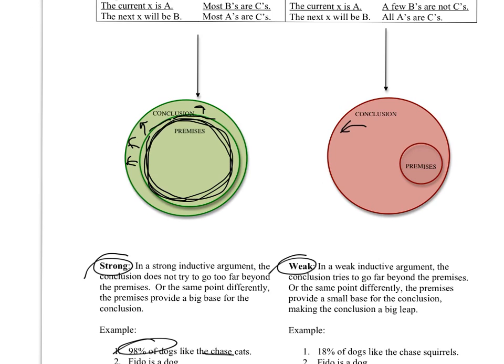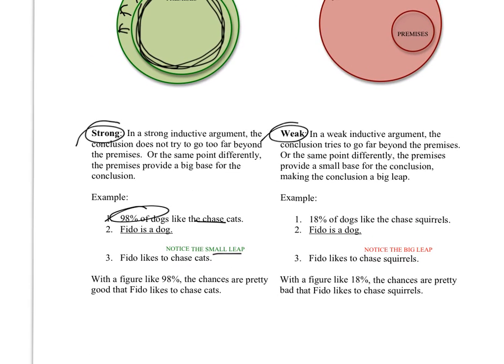But when we go to the other example, let's say the sample size is now just 18% of dogs. It's only 18% of dogs who like to chase squirrels. That's a pretty small percentage point. And on the basis of that, and Fido being a dog, you're not going to have strong support for the claim that Fido likes to chase squirrels.